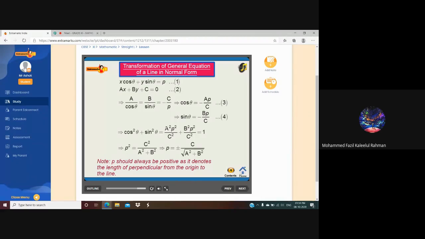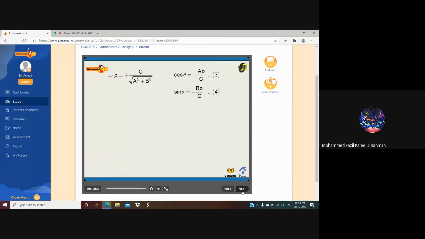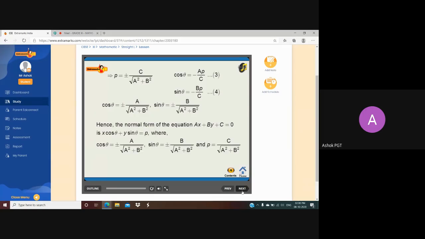Yes, Yes, sir. sir. The value of P in equation 3 and 4, we get the following values. Hence, the normal form of the general equation of the line will be as shown.